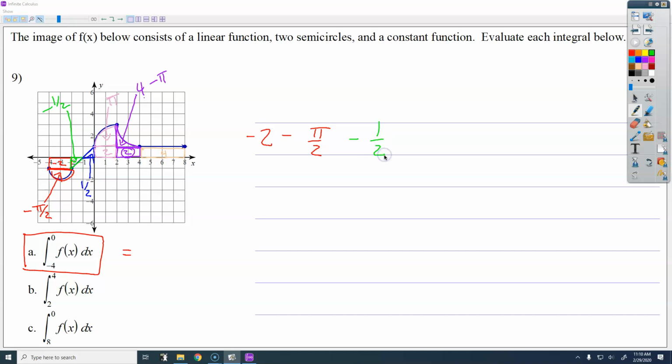And then we have the blue region, which is +½. That's going from -4 to 0. So red, green, and blue there. These cancel out, and so you could just assume your answer there is -2 minus pi over 2. All right? That was pretty simple. Let's go ahead and take a look at the next one.